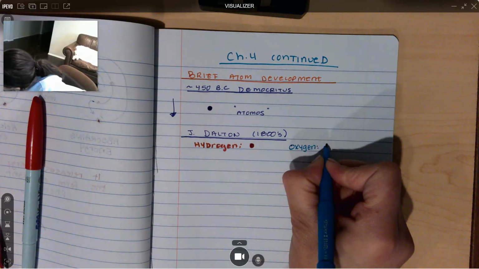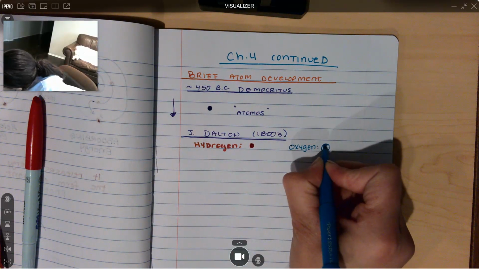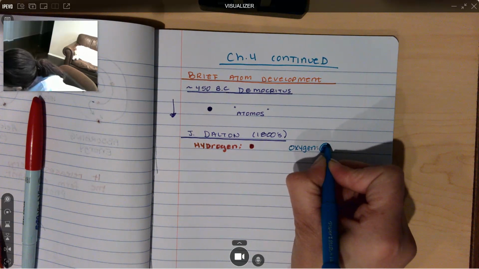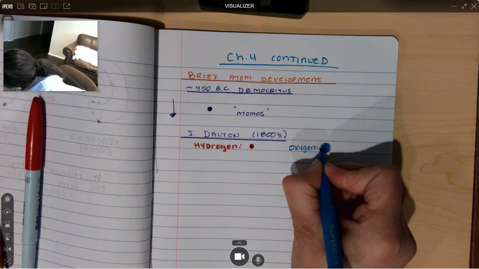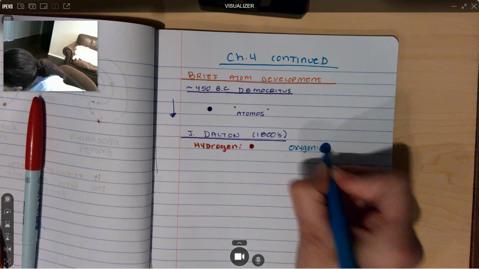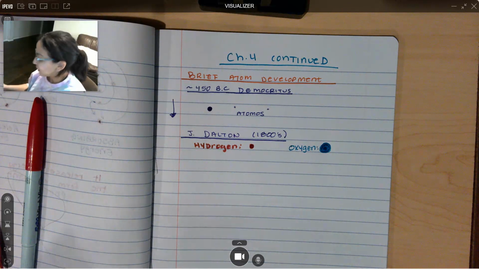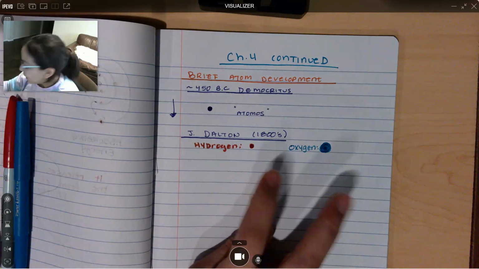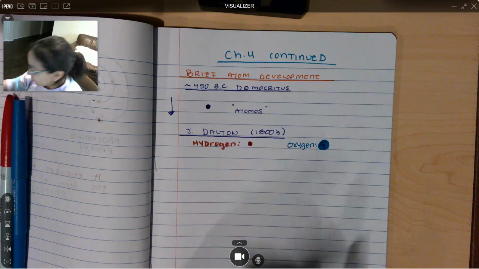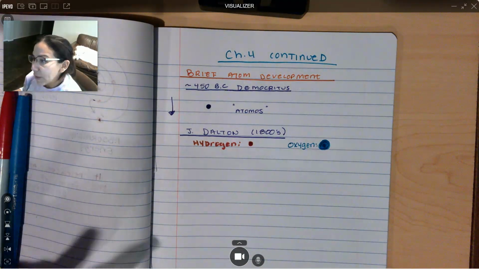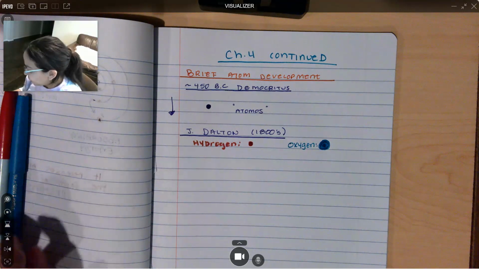And actually, oxygen is going to be much bigger than hydrogen. So remember, Dalton said atoms of the same element are the same. So atoms of different elements are obviously going to be different. So these two are different. So we still have indivisible particles right here. And when they combine together, they're going to combine together in fixed ratios.